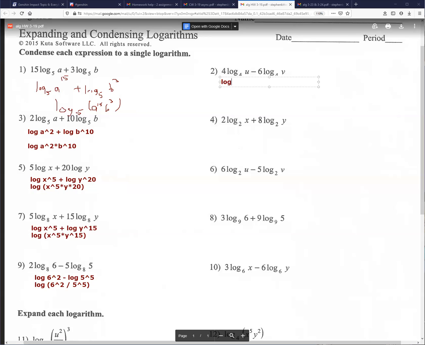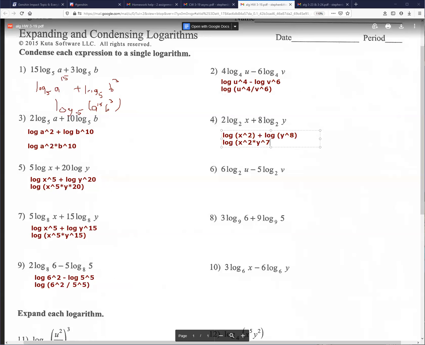Okay. Log base 4 of u to the fourth minus log base 4 of v to the sixth, which is log of u to the fourth over v to the sixth. Log of x squared plus log of y to the eighth, which we will then say outside addition means inside multiply.